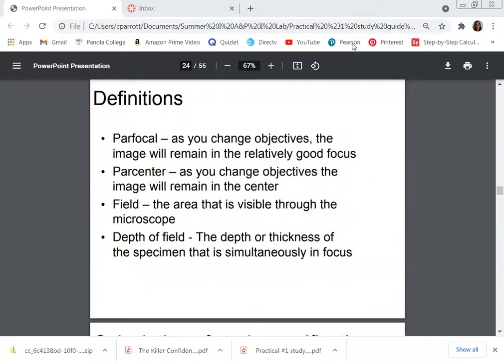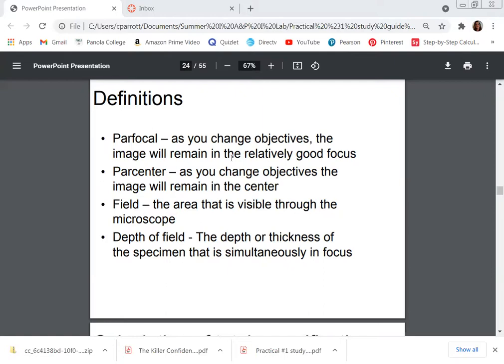Now we're going to go to the definitions involved with a microscope. You need to memorize these for both your quiz and your practical. The first definition is parfocal. That means as you move from one objective to another, the image will remain in relatively good focus.